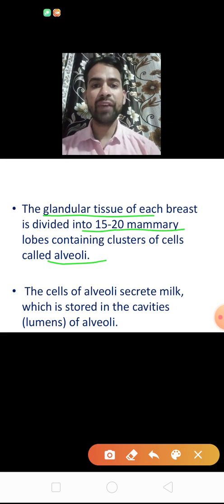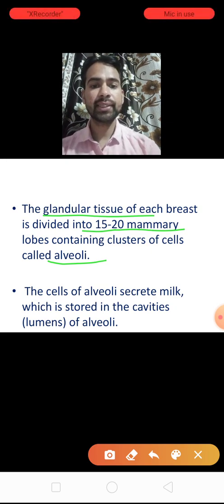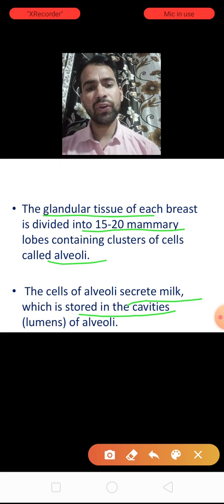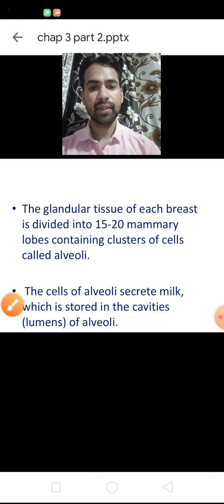These cells play a very important role: they secrete milk, which is stored in the cavities of the alveoli. Clear?